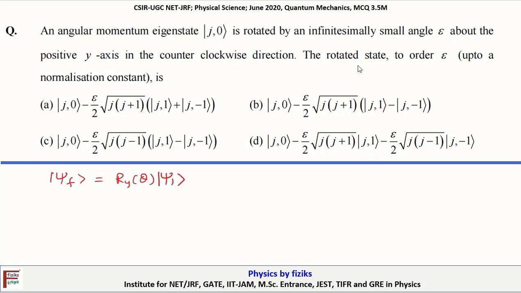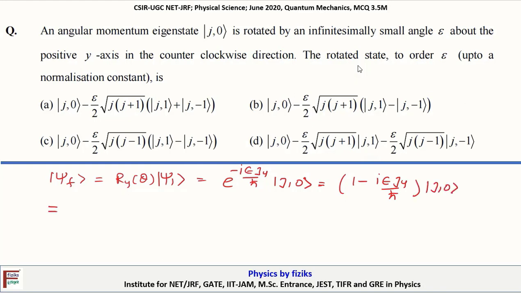The initial state is e to the power minus i epsilon Jy by h cross acting on the initial state J0. Now the question is saying it's up to a normalization constant. That means we can simply expand the exponential term 1 minus i epsilon Jy by h cross into the J0 state.